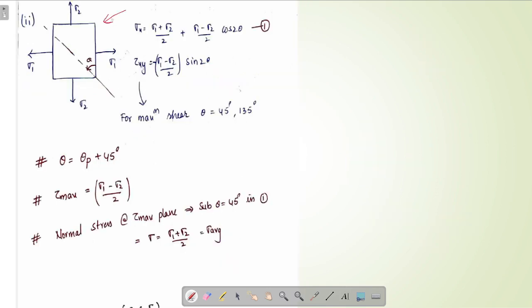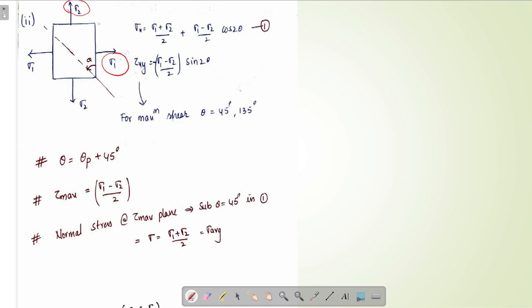If we see this condition, this is also a 2D stress condition. But in this case, unlike the before case, there is no shear acting on these planes. If we observe it clearly, on this plane there is only normal stress and there is no shear acting. Similarly, on this plane also there is only normal stress and no shear stress acting.